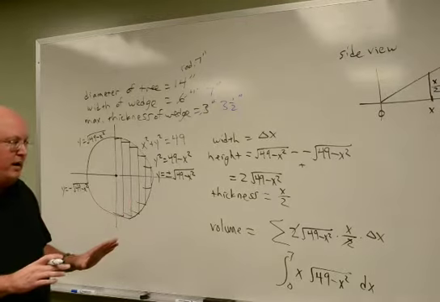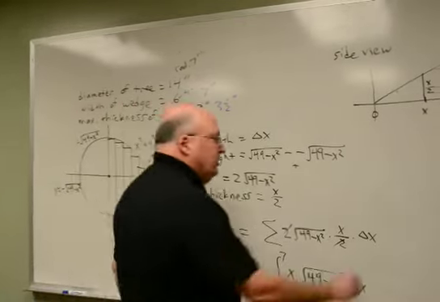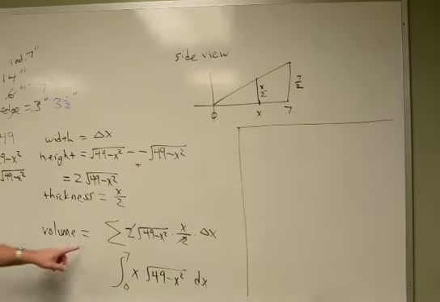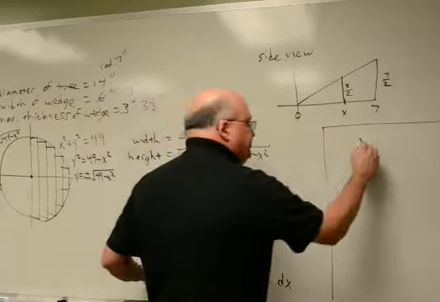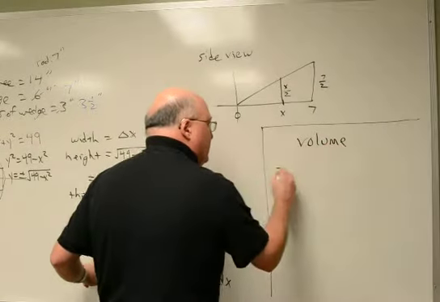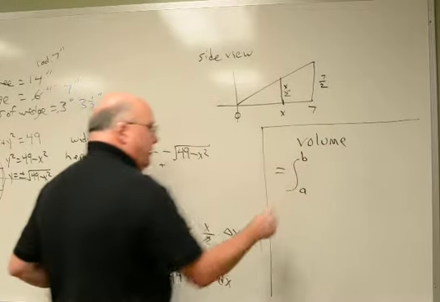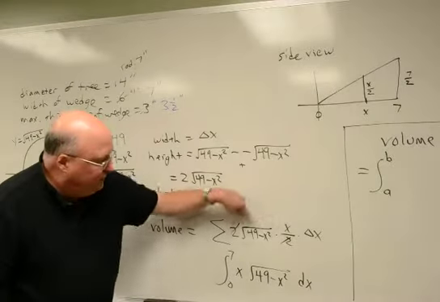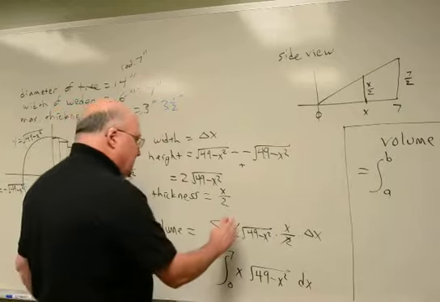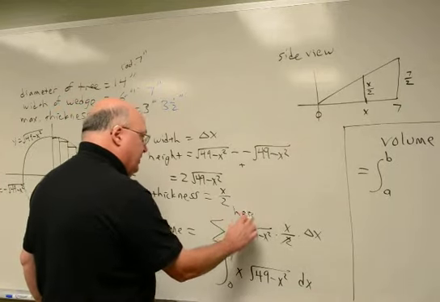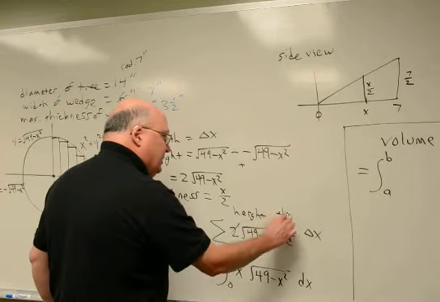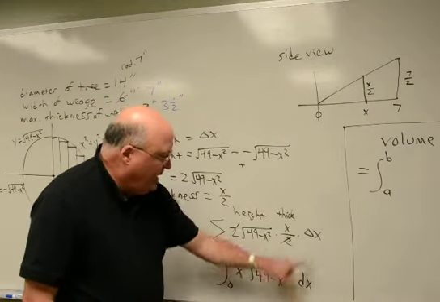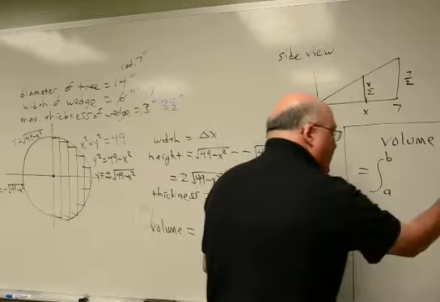Now let me pause to show you the general formula and the general concept of what's going on here. Because our volume was equal to an integral, and I'll go from a to b from left to right, then a product of two things here, because although we have our height here and our thickness here, our widths go away in our integral formula to the dx.